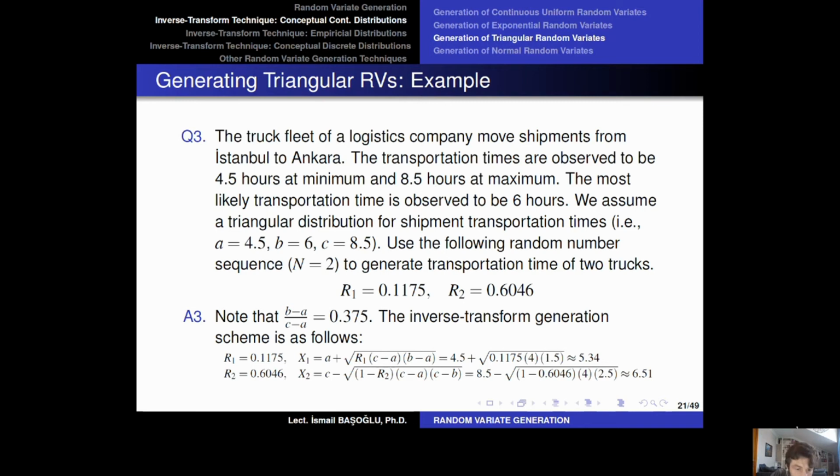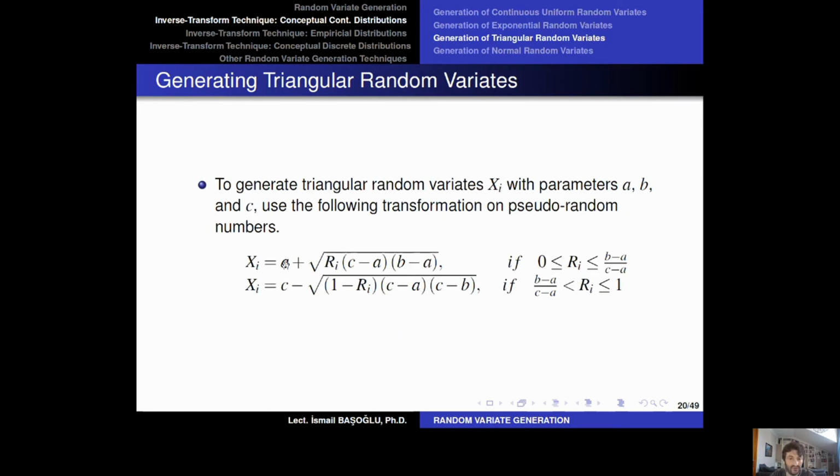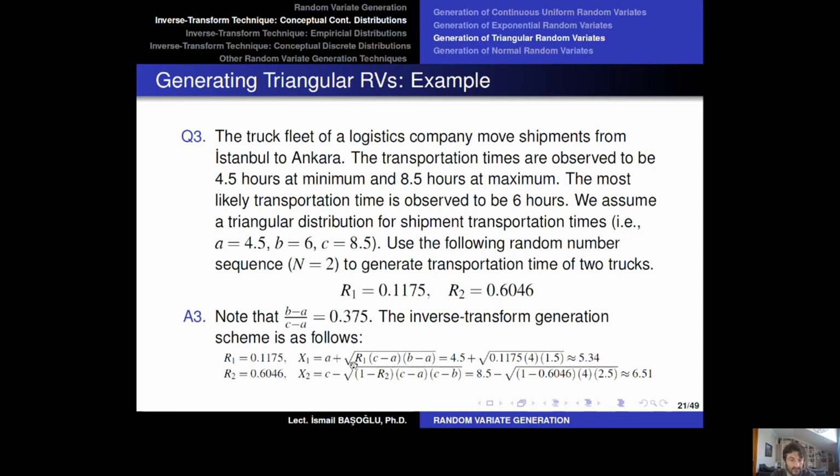So what we are going to do is use the first part of the inverse CDF to convert R1, and here it is going to be 5.34. Now please notice that 5.34 is between a and b. And R2 is going to be converted into a random variable by the second part of the inverse CDF, and here c is 8.5 and the other values are plugged in, and you get 6.51, and 6.51 is somewhere between b and c.